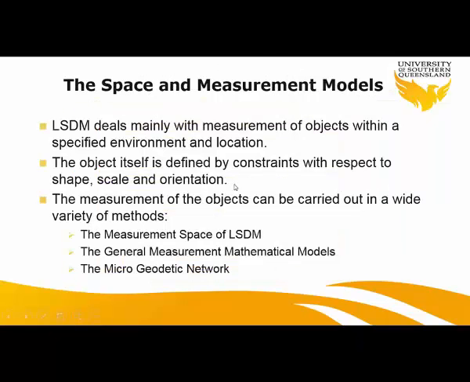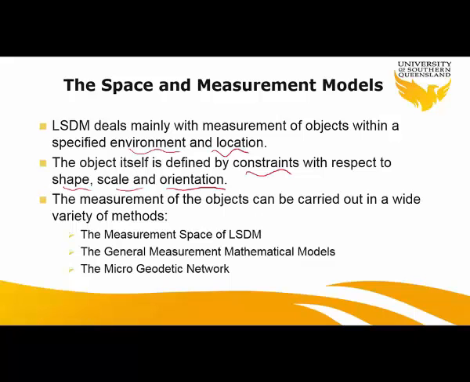Large scale dimensional metrology deals with the measurement of an object within a specific environment and location. We have to remember there is always a constraint with the scale, shape, and orientation of the object.